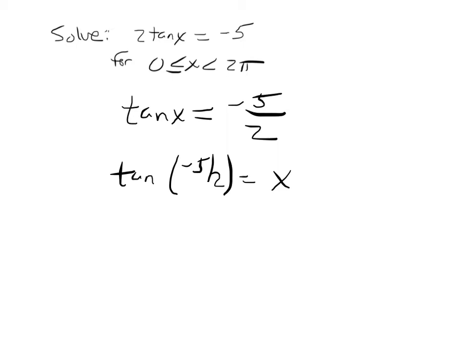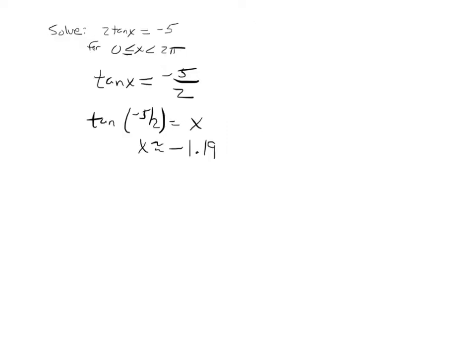Now, let's remember, tan inverse is going to pick an angle between -pi/2 and +pi/2 that has a tangent of this value. So I go to my calculator and I get tan inverse of -5/2 in radians, and let's see what gets spit out. And we get -1.19.